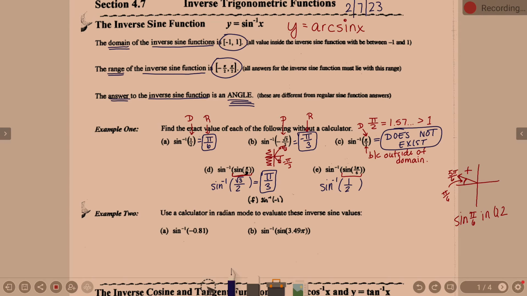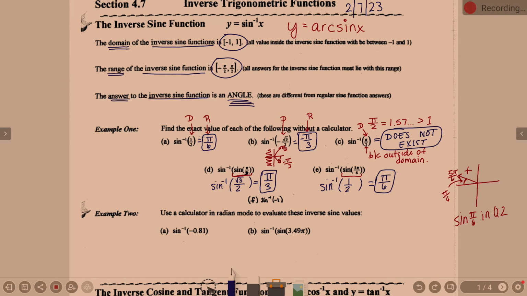So now we're doing sine inverse of 1/2. Okay, at what angle does sine equal 1/2? Pi over 6. This is positive 1/2, and it is pi over 6 according to my chart. And here's the deal.